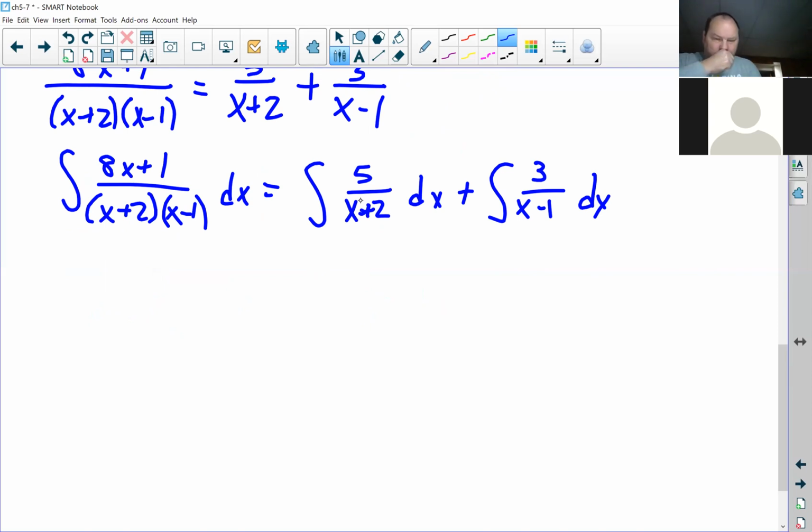The 5 is a constant. If I have a constant over this x plus 2, you could think about substitution, although if there's no coefficient in front of the x plus 2, we're just going to get an ln.